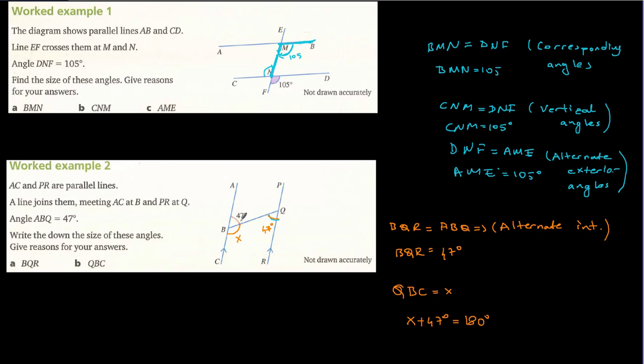They complete each other to 180 degrees because B is on the straight line, and ABQ plus QBC should be equal to 180 degrees. So X is equal to 180 minus 47, which is 133 degrees.